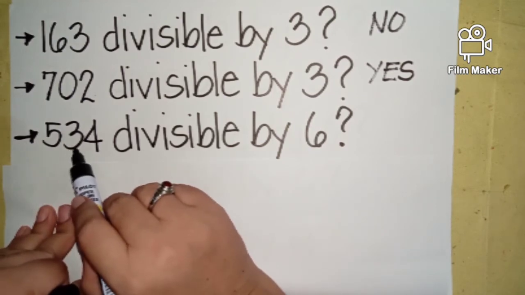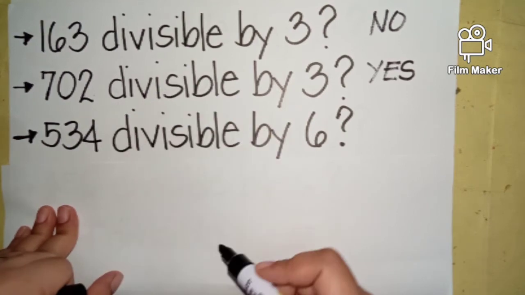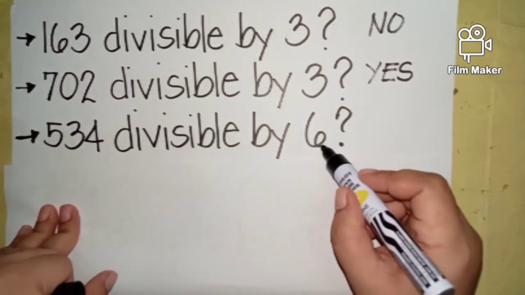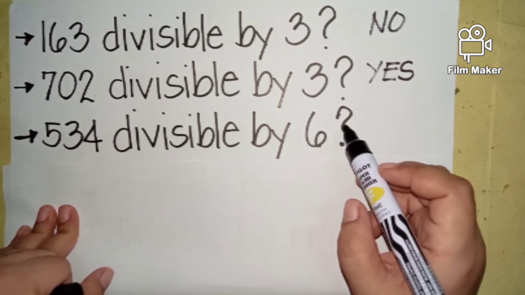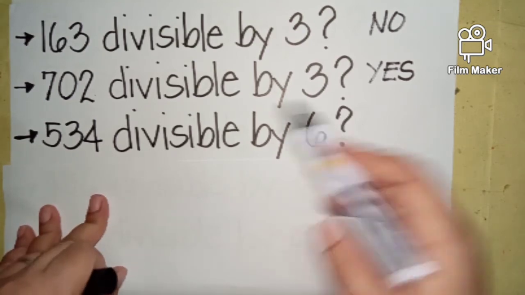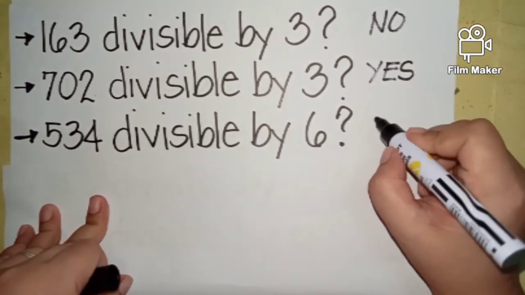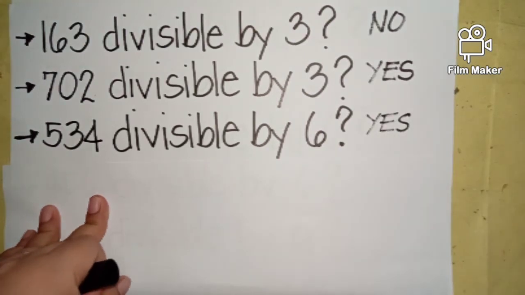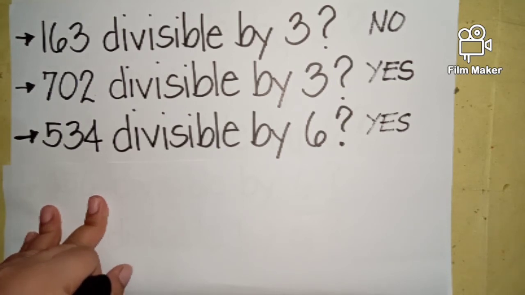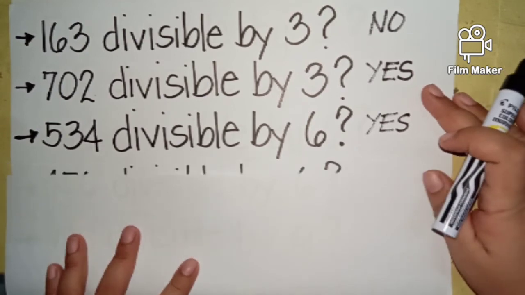Plus 4, 12. Okay, 12 divided by 3. Ilang 3 sa 12? 4. So, therefore, 534 is divisible by 6. So, this is a yes. Walang remainder. So, divisible by 6. Okay.